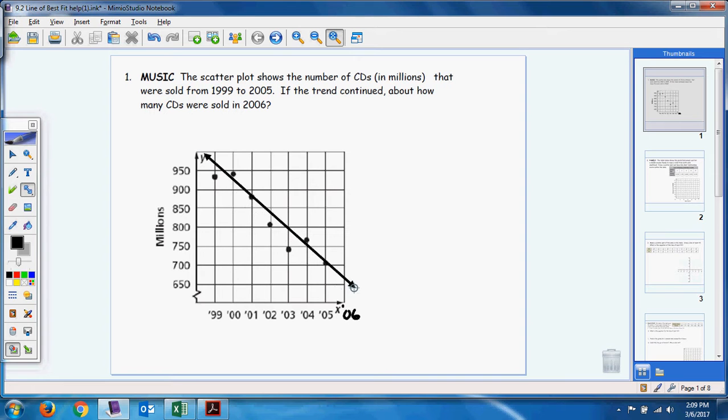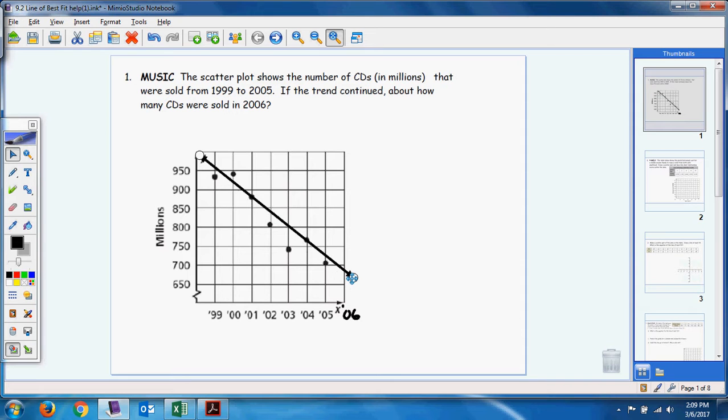So if you can kind of make something like this might be a good representation, where it goes through maybe some dots, maybe it's even balanced on both sides, something around there. This might be an okay description of your line of best fit. So again, the benefit of doing this digitally here is it does allow me to adjust it accordingly.